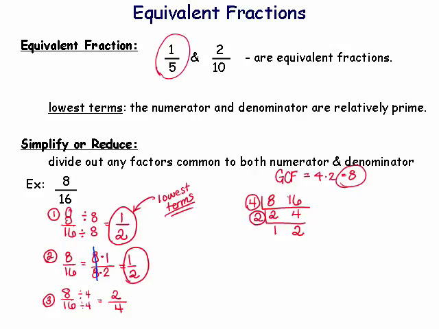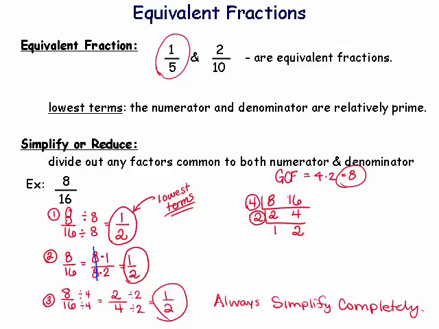What you have to make sure is that you always simplify completely. We're not completely simplified here, because there's still factors in common to both numerator and denominator. So you still have to divide out a 2. When you divide out a 2, you're left with a fraction of 1/2. So no matter what, you can't go wrong any of these ways. You'll still come out to the final answer.